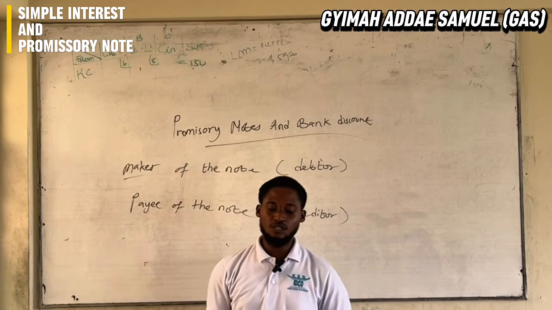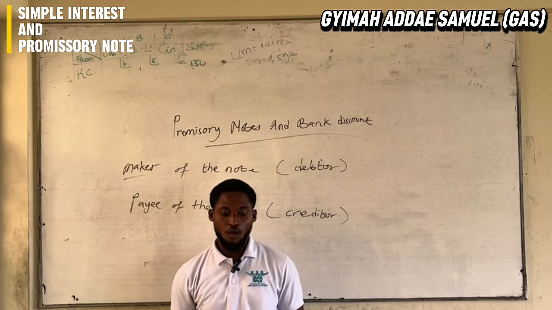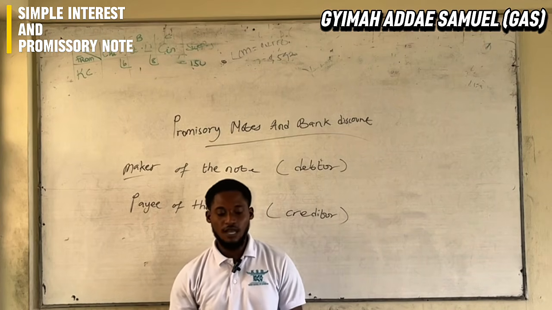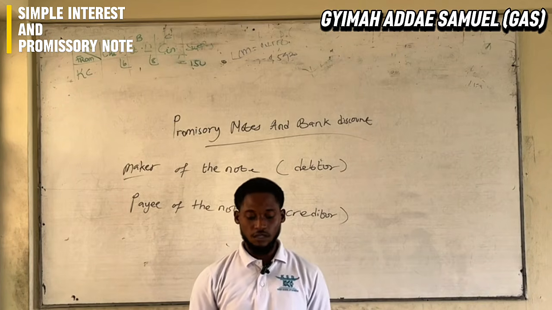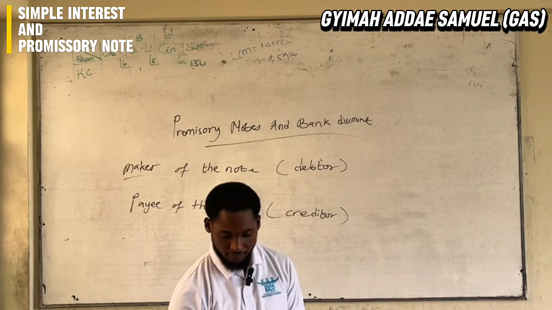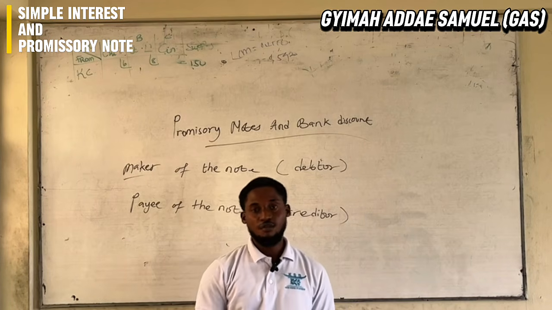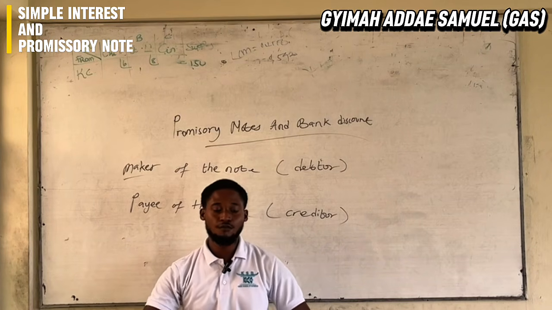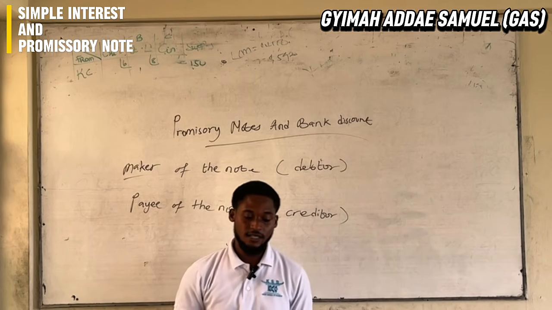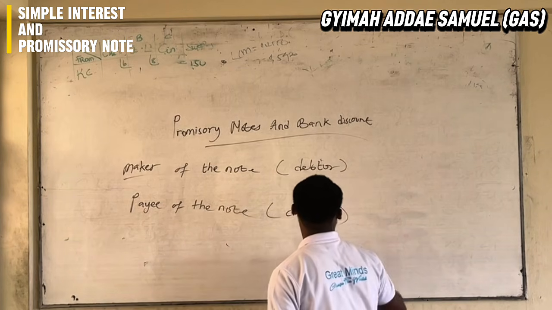Promissory notes are mostly used when money is borrowed or goods or services are sold on credit. Promissory notes are of two kinds.